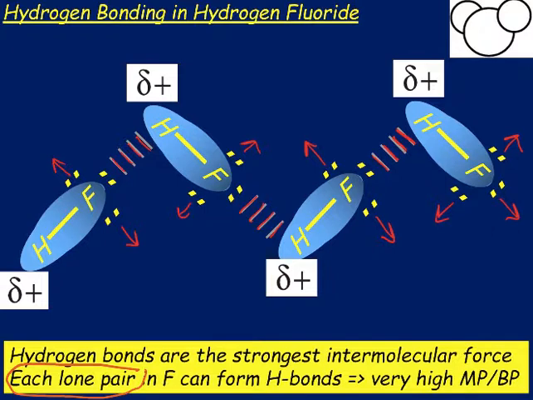So the more lone pairs you have, the higher your hydrogen bonding will be, and therefore the higher your melting point will be. And the delta negatives are being put in too.